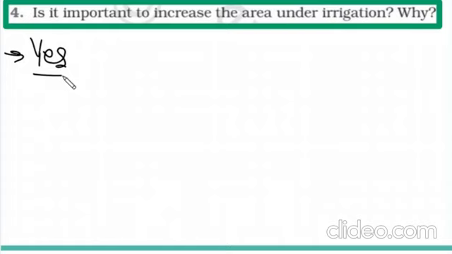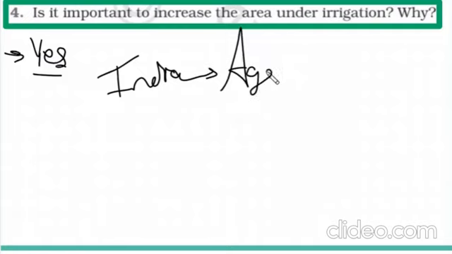Why? Now, students, we know that in India, what is the main occupation? In India, the primary activity is what? Agriculture. Correct? Agriculture is the primary activity. Now for agriculture, water is required for irrigation. Correct?